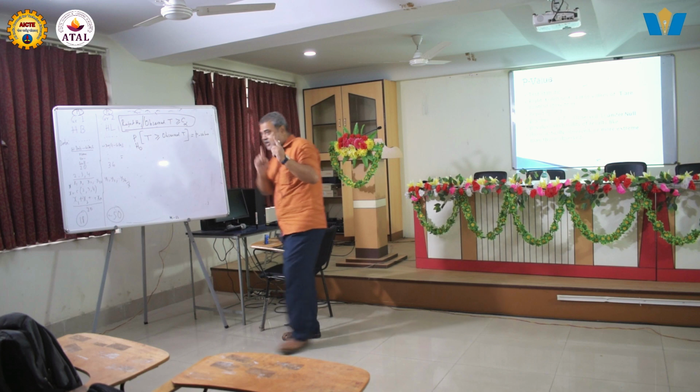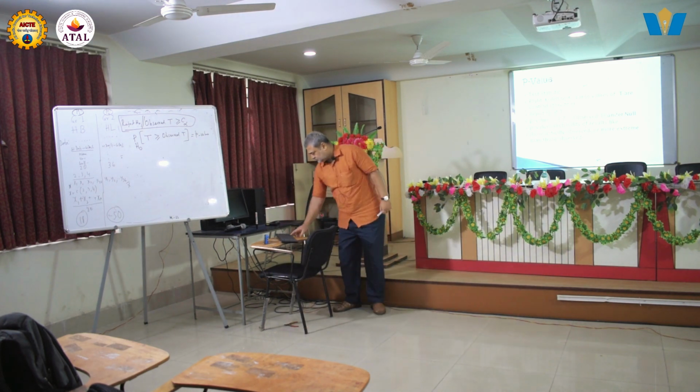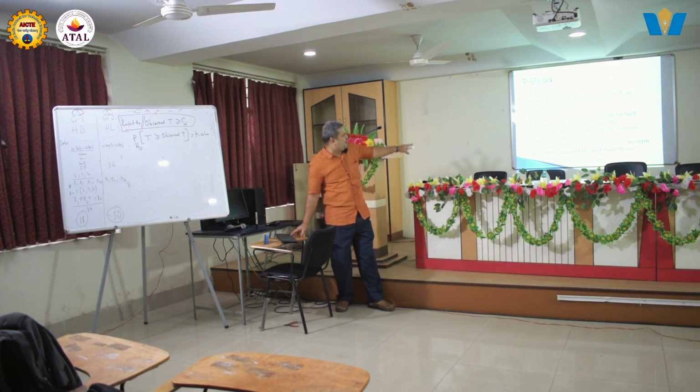I will explain it again. The p-value is used to quantify the strength of evidence against the null hypothesis. This is very important. The decision is: if p-value is less than 0.05, you reject H0, and do not reject H0 otherwise.